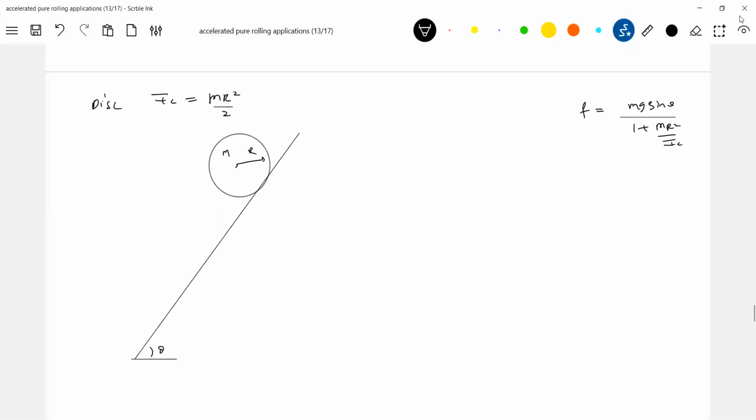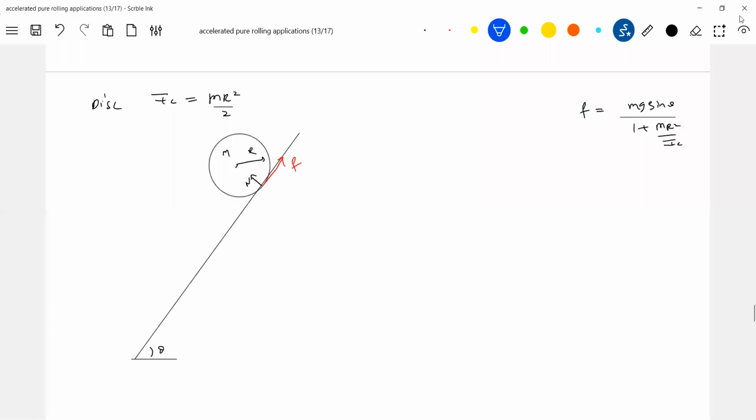For any value of mu, will it have pure rolling? The answer is no. So the next question: what is the minimum value of mu for which it will have pure rolling? Definitely the friction acting here should be less than the limiting friction.